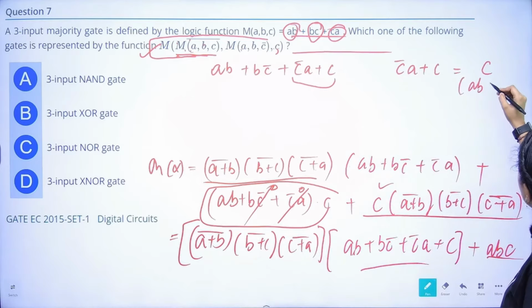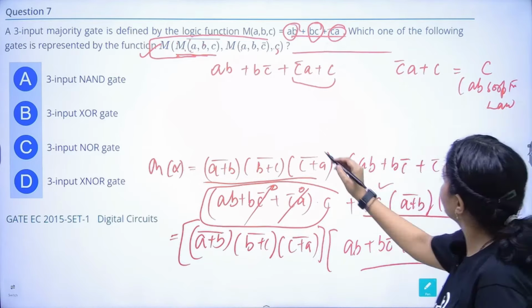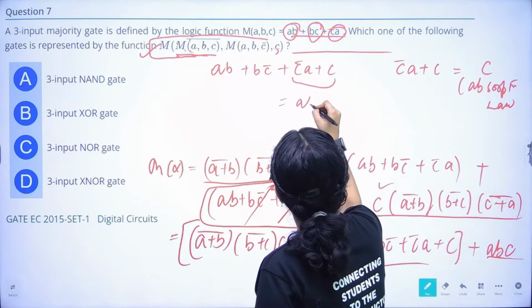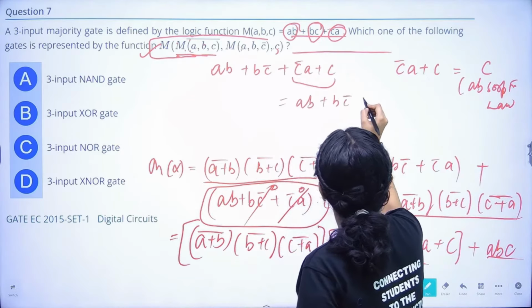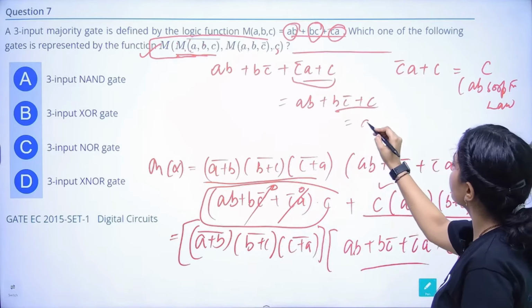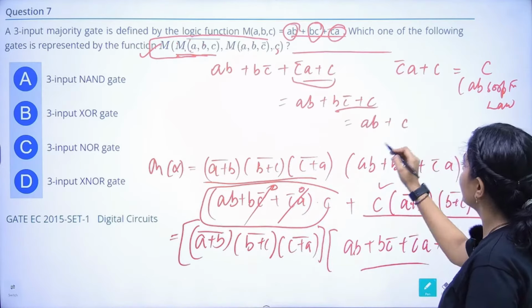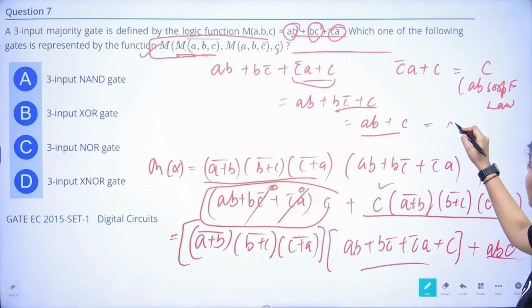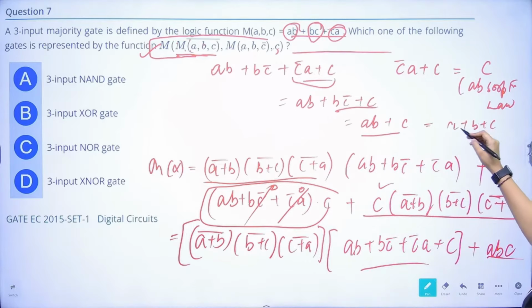This is from absorption law. So this is equal to AB plus BC bar plus C. Similar way we can apply absorption law here also. So this is AB plus C. If we open it, it will be A plus B plus C.